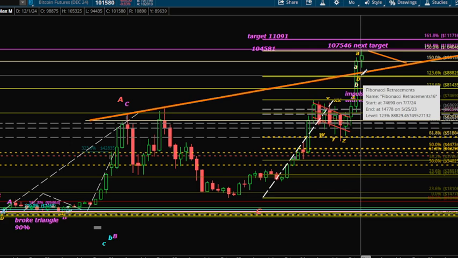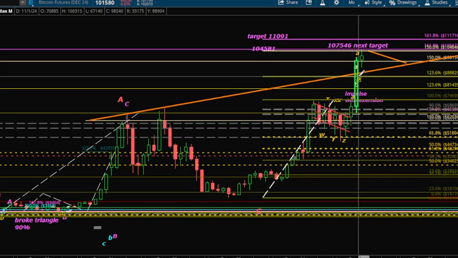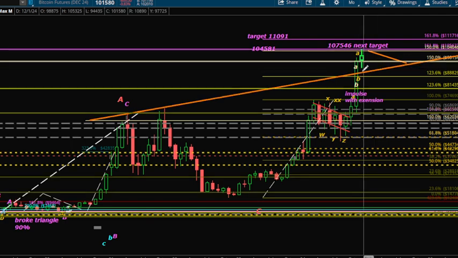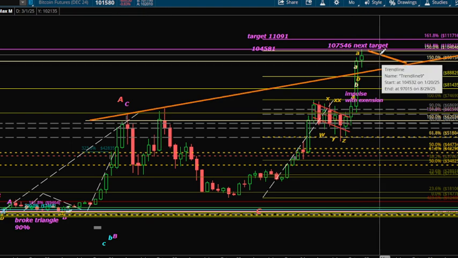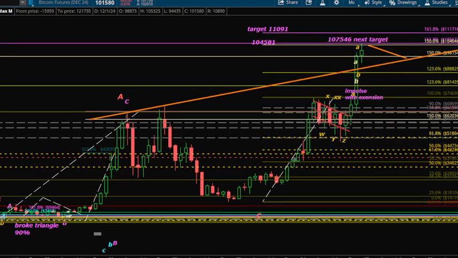I always try to at least look for 3 around the primary, intermediate, and minor degrees. Try to count those, they're easier to anticipate than trying to incorporate your minuet and sub-minuets into the move. So I hope that makes sense.